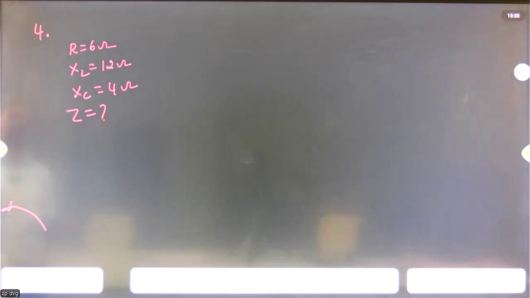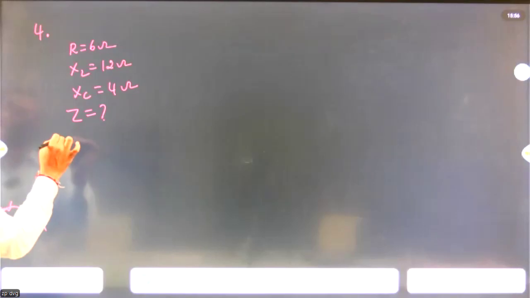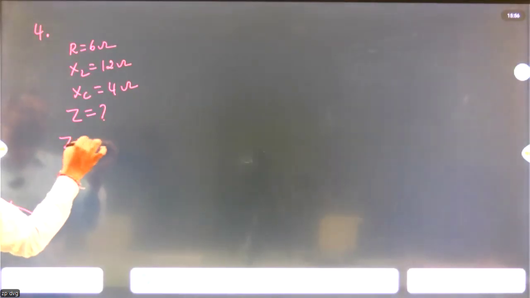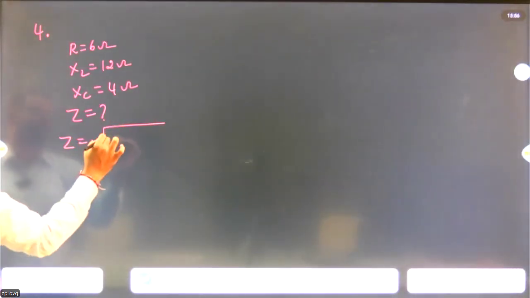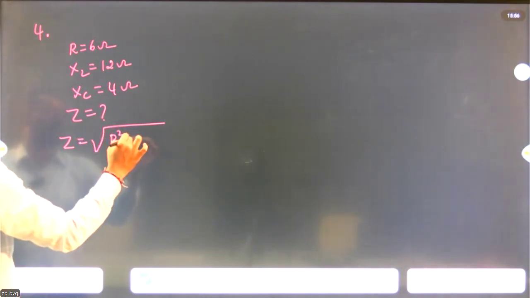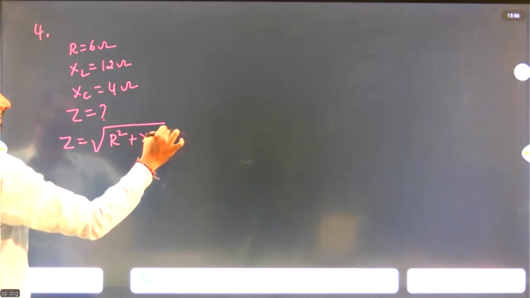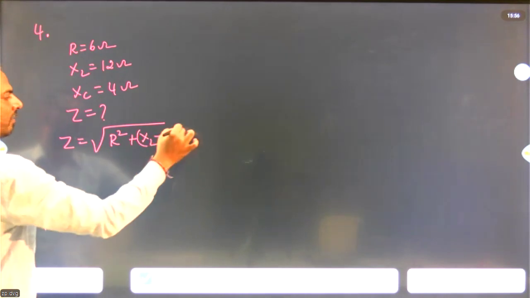Impedance Z is equal to the square root of R square plus XL minus XC whole square.